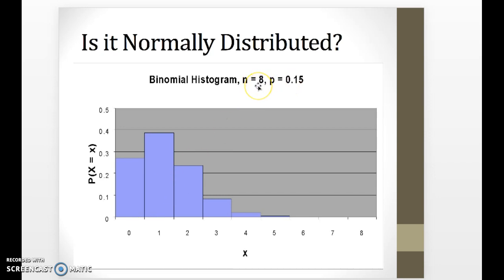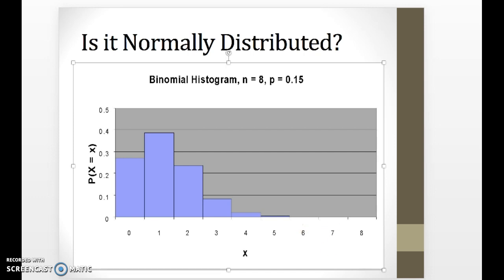You had an n value of 8, a p-value of 0.15, so 8 trials, 15% chance of success. And if I looked at this plot, it definitely does not look normal. It looks skewed right.